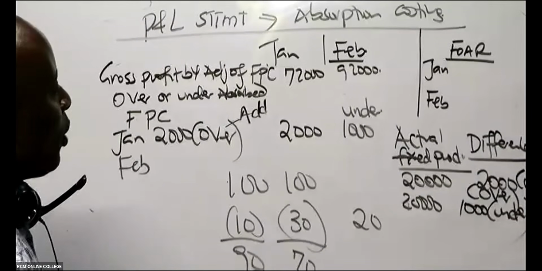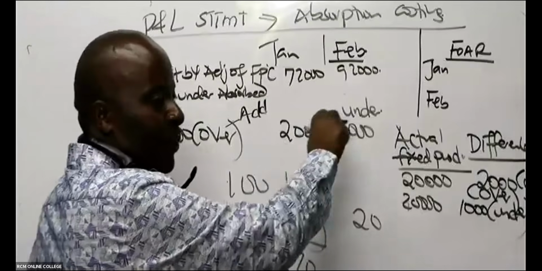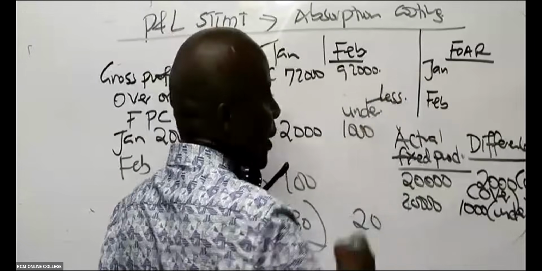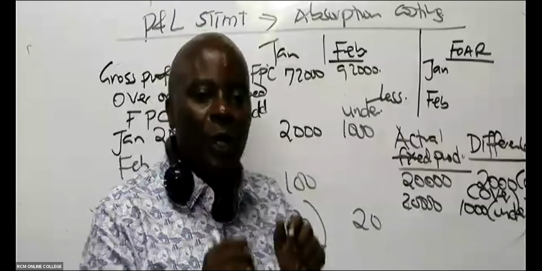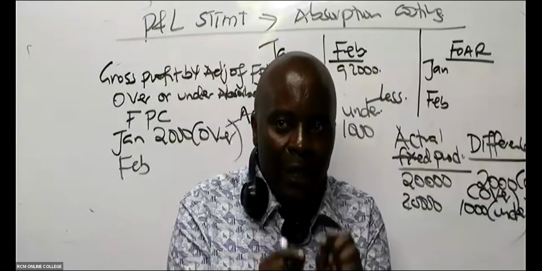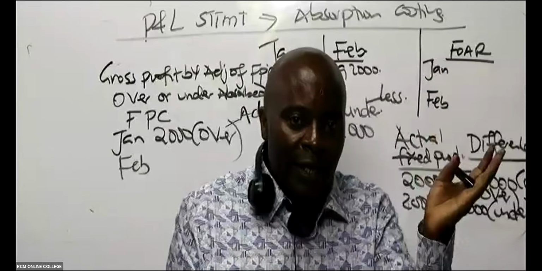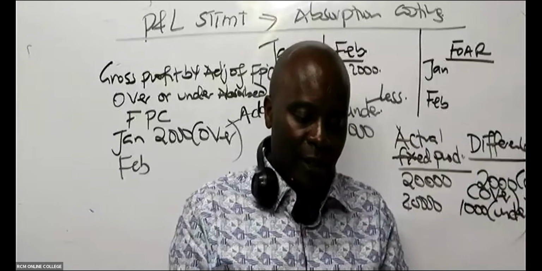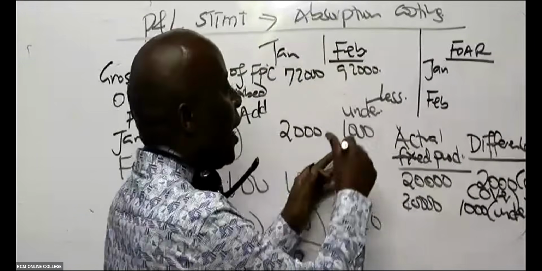Subtract. So this one, we shall less because it is under. Because when you underestimate an expenditure, then automatically your profit is overstated. So in this case we are subtracting.